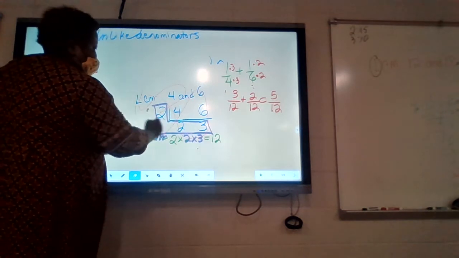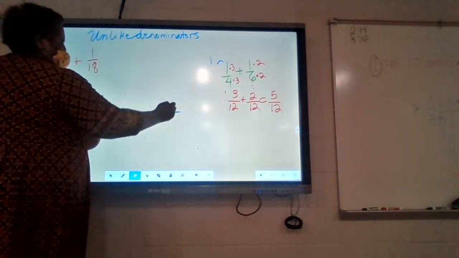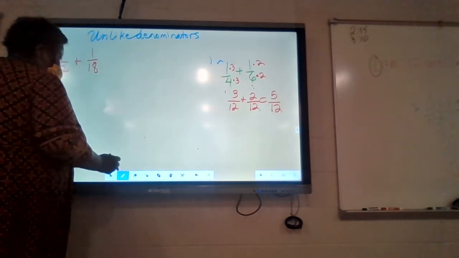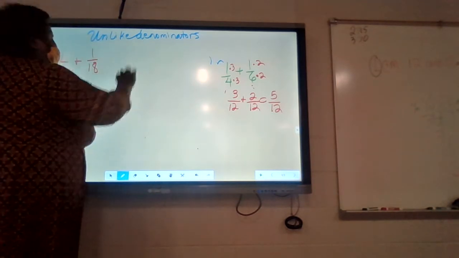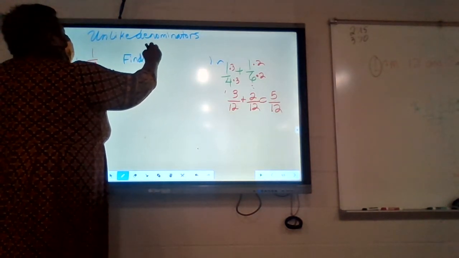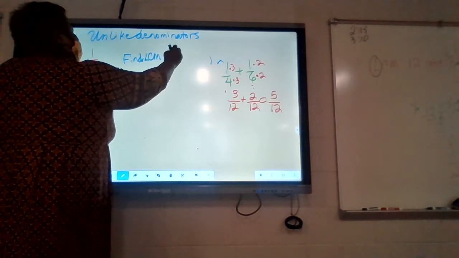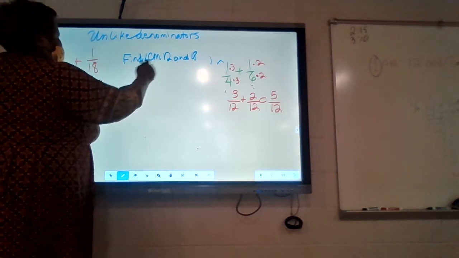Least common multiple. So find the LCM. I need to find the LCM of 12 and 18.